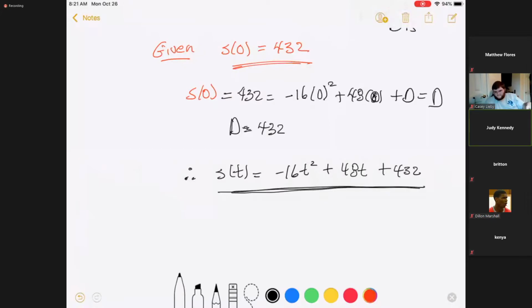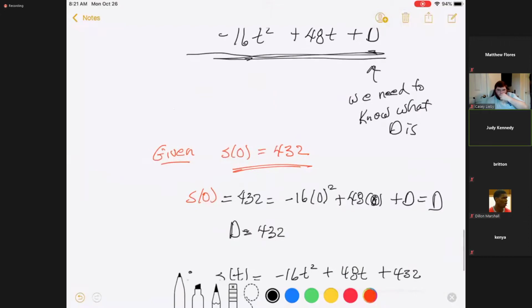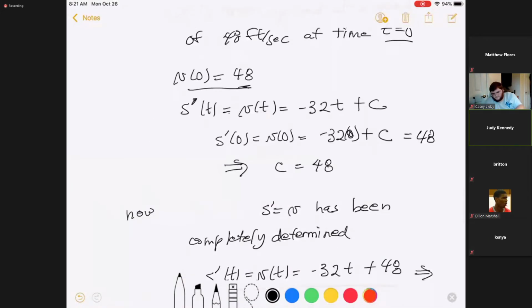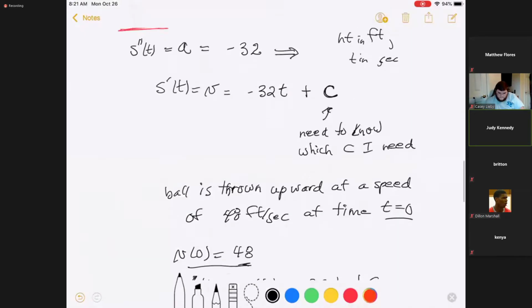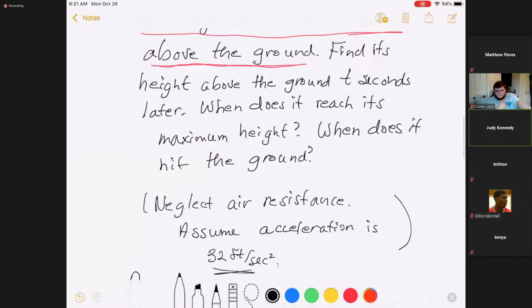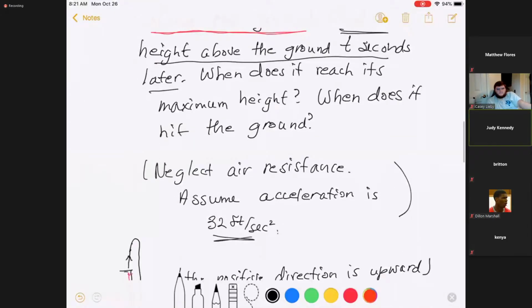Okay, so let's see our questions then. We've got our position function, our height function determined. What were the questions? Find its height above the ground t seconds later. Well, we've done that. That's what S is.